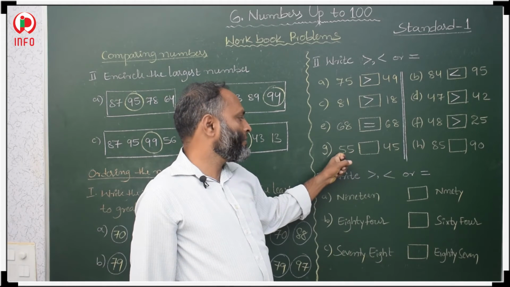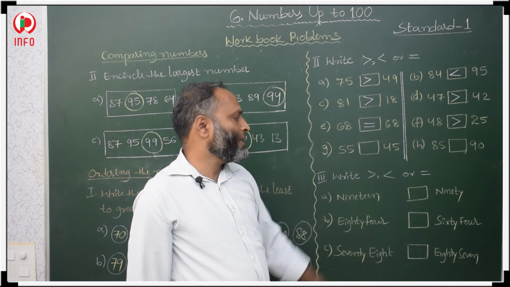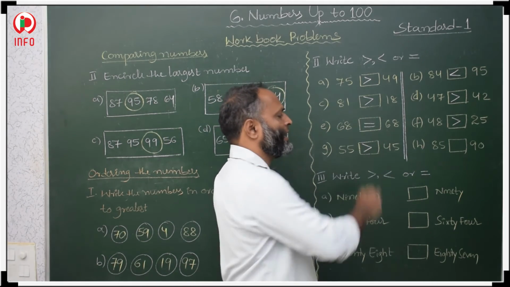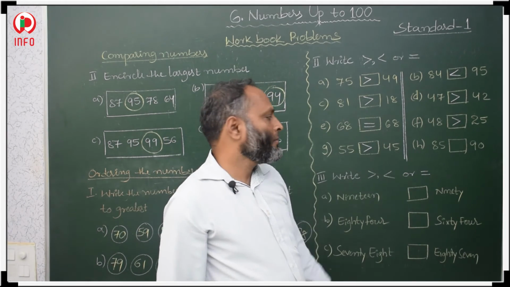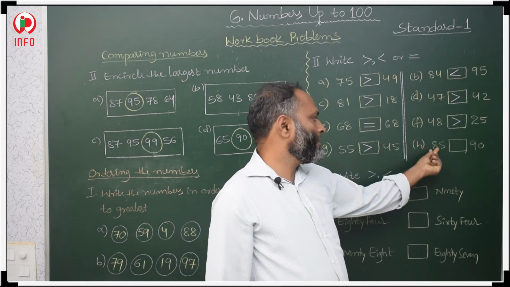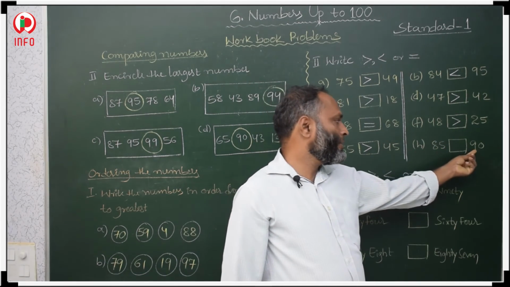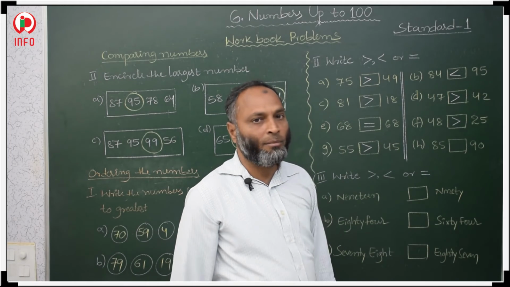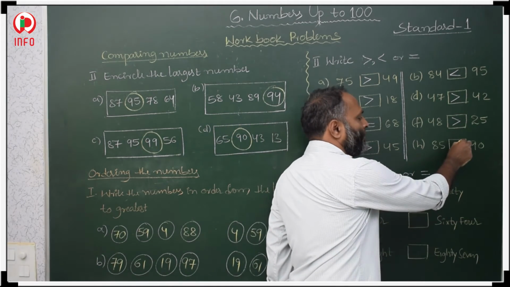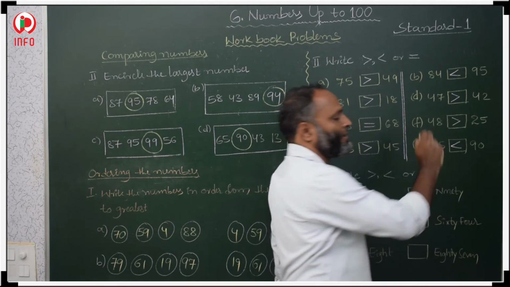In the tens place 5 is there, here 4 is there. Means 5 is greater. 55 is greater than 45. Now 85 and 90. In the tens place 8 is there, here 9 is there. Means 9 is bigger, 8 is smaller. Means 85 is less than 90.